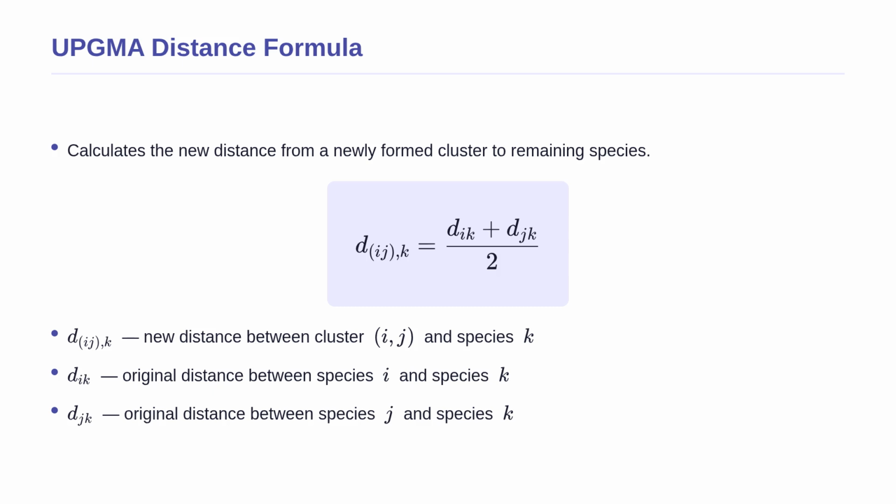In this formula, d sub ij,k represents the new calculated distance between the newly formed cluster, made of species i and j, and another existing species k. The variables d sub ik and d sub jk are the original genetic distances from the individual species to species k. The formula simply adds these two original distances together and divides by 2 to find the arithmetic average. Physically, it represents the average evolutionary divergence of the new group.